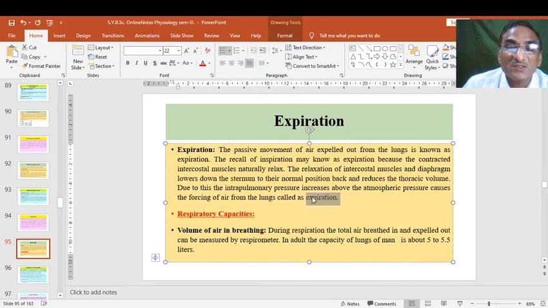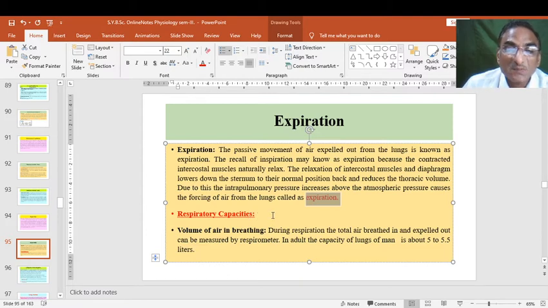Whenever air is thrown outside the respiratory passage, that is simply expiration, and whenever air is inhaled or enters the respiratory passage, we have already seen that as inspiration. So inspiration and expiration are alternate activities in the process of respiration.